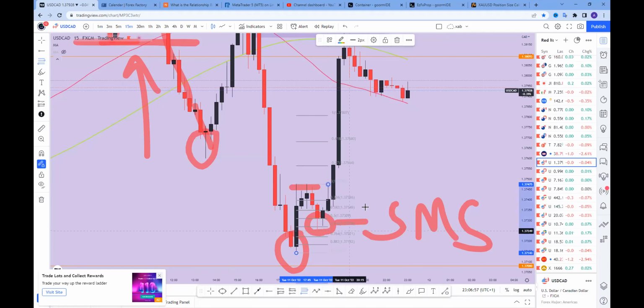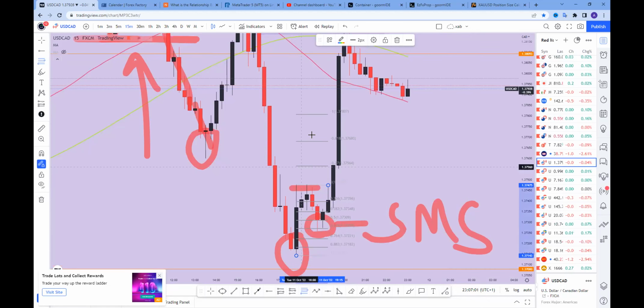So based on the regular Fibonacci, the regular Fibonacci does not have these 3 additional levels. However, mine has these levels because it helps me to better evaluate.